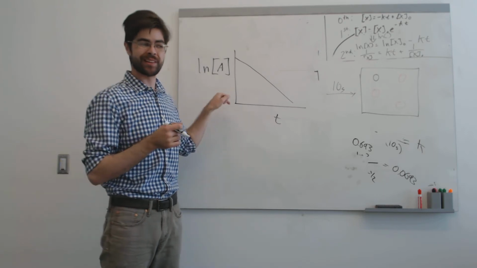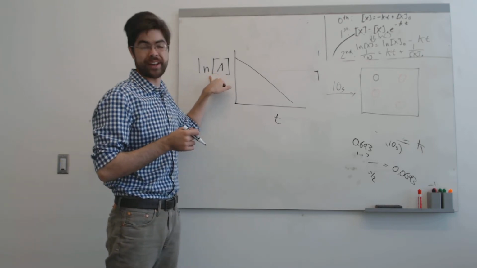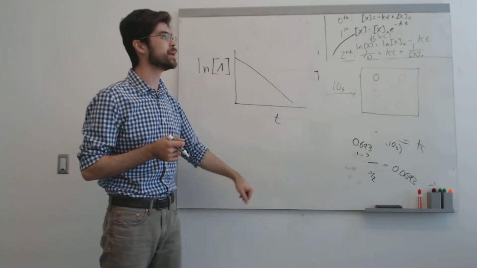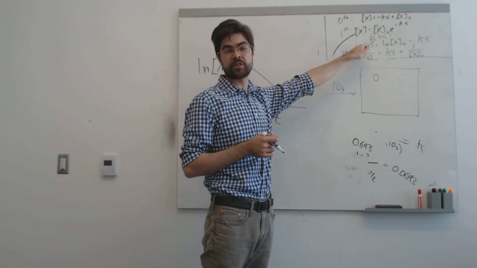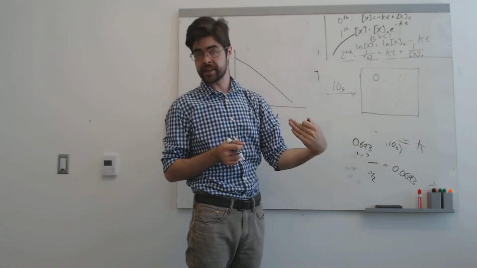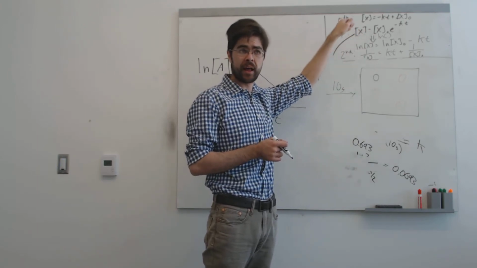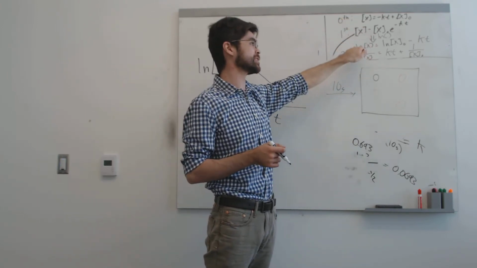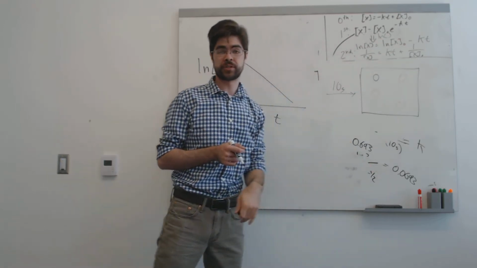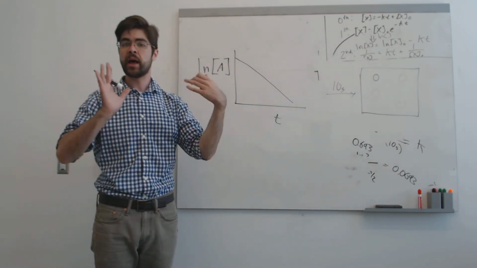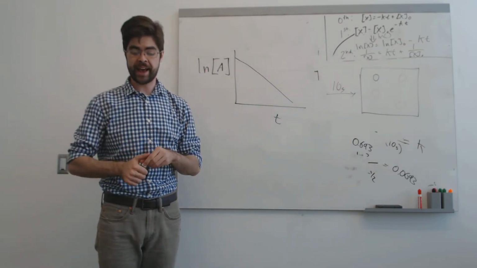If you get a straight line when you plot log of concentration versus time, that implies that it's first order, because a first order reaction should have a linear dependence on its log of concentration versus time. That is characteristic of a first order reaction.